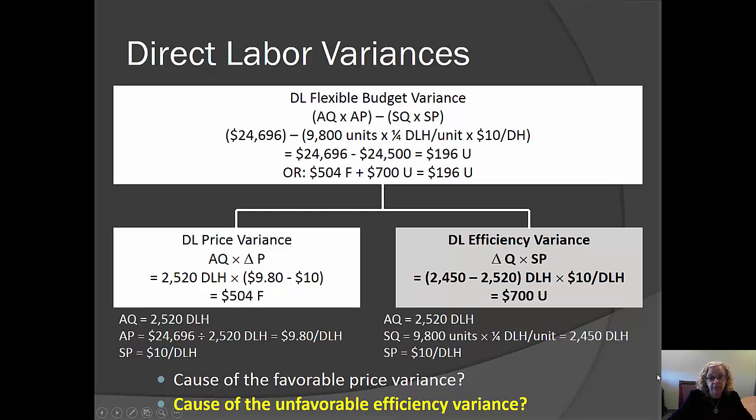However, another possibility that we should consider is whether the unfavorable efficiency variance is actually related to the favorable price variance. For example, if our workers expected a 20-cent an hour wage increase and that didn't happen, they may be disappointed.